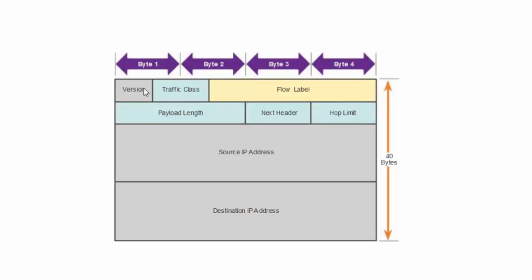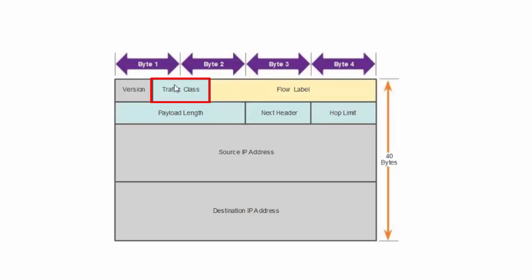So these are the protocol fields. Just like IP address version 4, we have the version, and here the version field will refer to IP address version 6. The traffic class corresponds to the differentiated services field in IP address version 4, and it's also divided into differentiated services code point using 5 bits and 3 bits used for the explicit congestion notification.